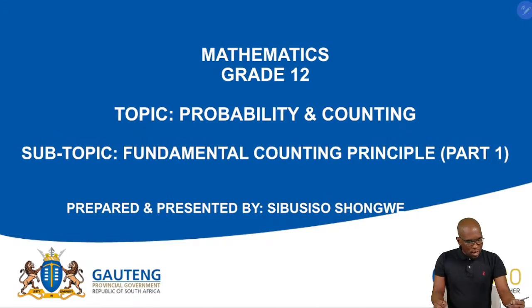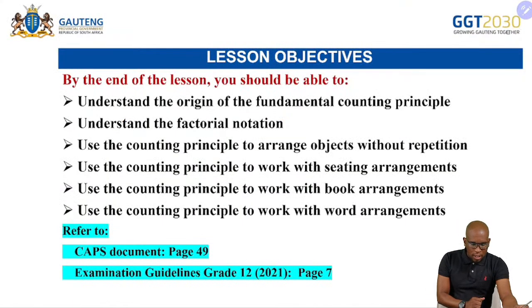Right, we are looking into the lesson objectives for today. By the end of this lesson, you should be able to understand the origin of the counting principle, understand the factorial notation, use the counting principle to arrange objects without repetition, and use the counting principle to work with seating arrangements, book arrangements, and word arrangements.